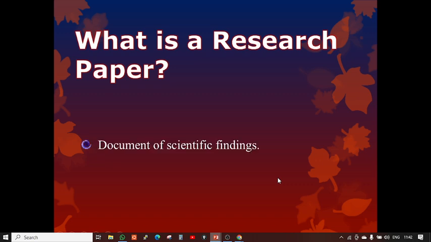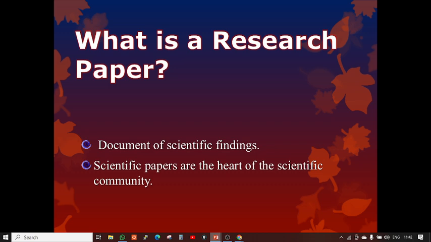So what is a research paper? It is the documentation of scientific findings. After doing the research, you document it so that it becomes recognizable internationally by the scientific community. That medium is the research paper, the communication between you and your scientific findings and the rest of the world. Once your work is published in a scientific journal, it is permanently recognized by scientific communities.